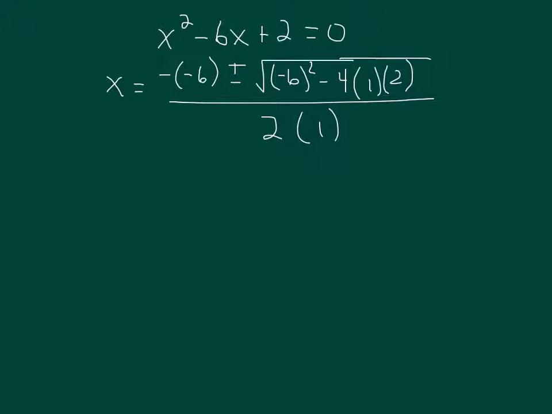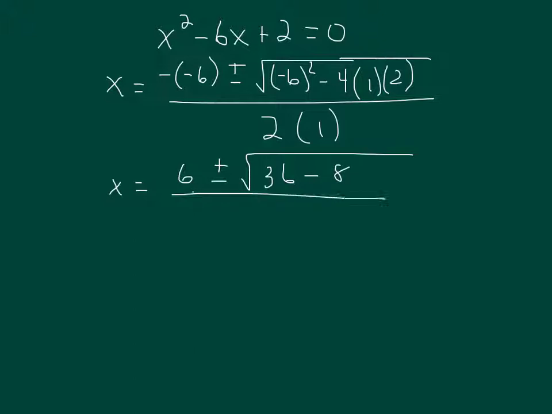Okay, let's start solving. So we got x equals negative negative 6 is 6 plus or minus the square root. Negative 6 squared is 36 minus 4 times 1 is 4 times 2 is 8 all over 2 times 1 is 2.